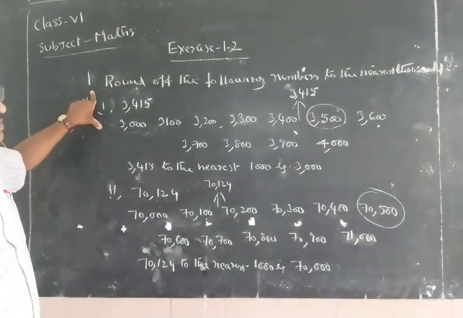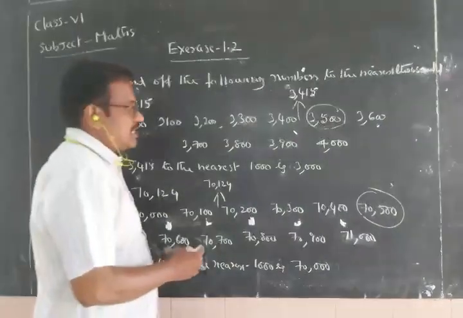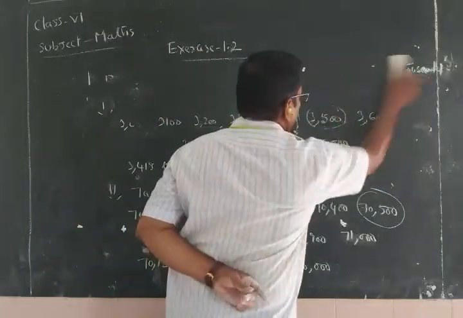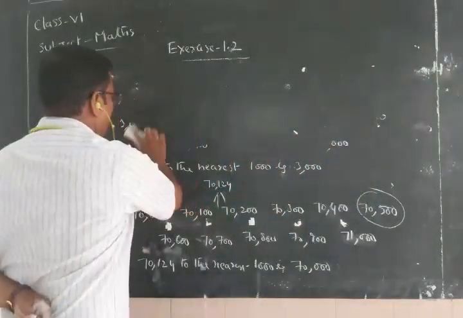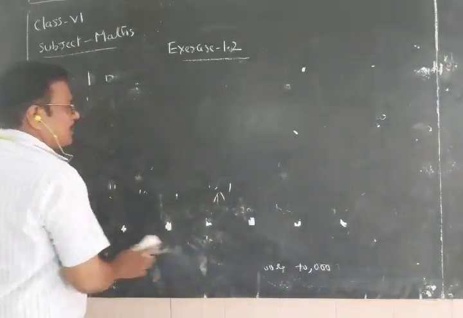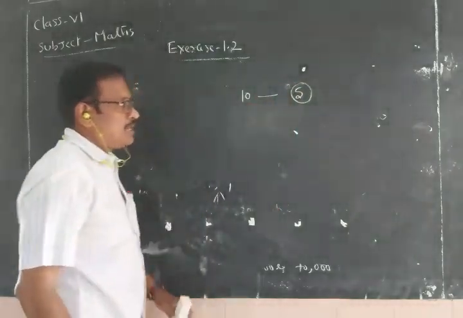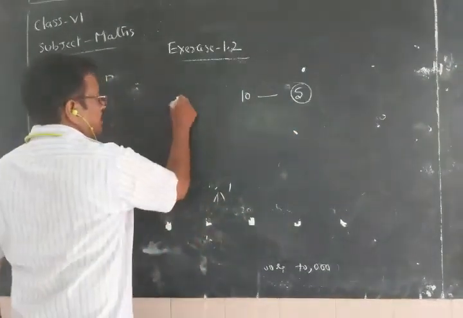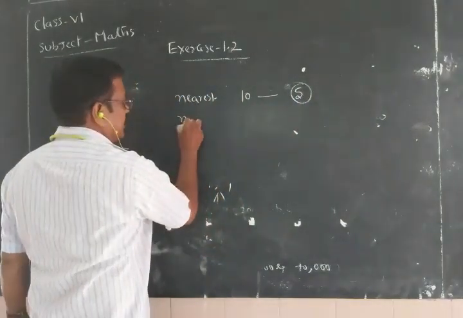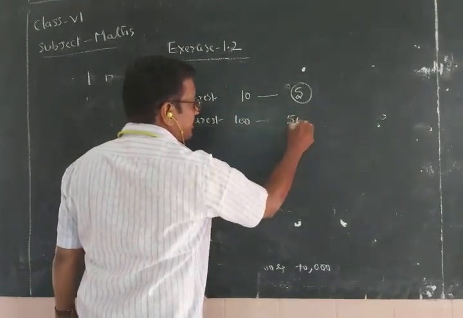Today I explained nearest 10, nearest 100, nearest 1,000. Again I explain how to take it. Nearest 10: the middle of the number is 5. The nearest 100, the middle number is 50.